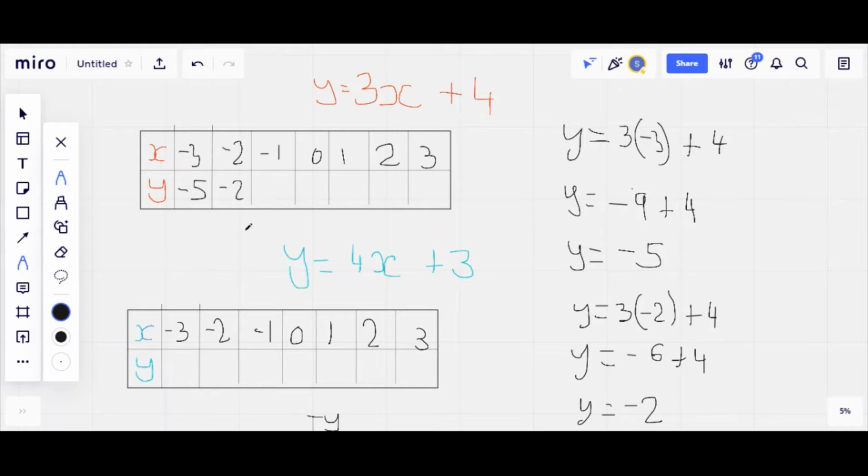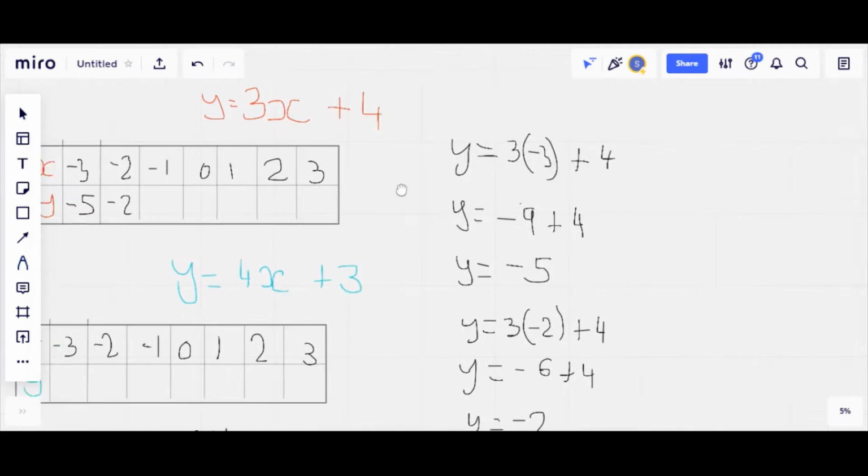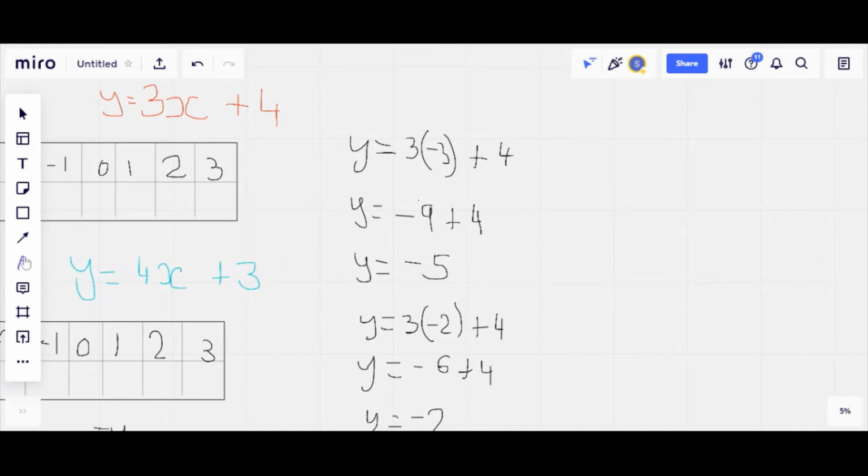And I'm going to do it for one more value, and then we're going to walk through an easy way to move through the rest of it. So we'll do our -1 as well. Move that across. So y is equal to 3 multiplied by -1.